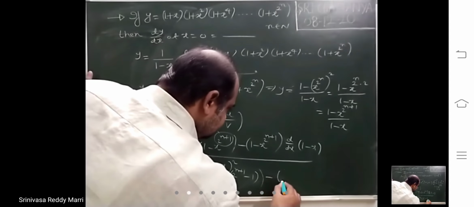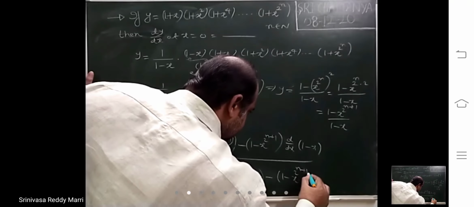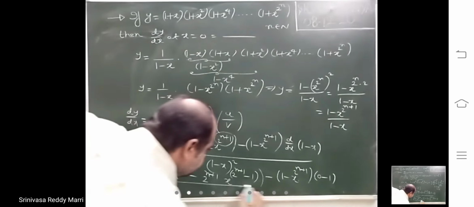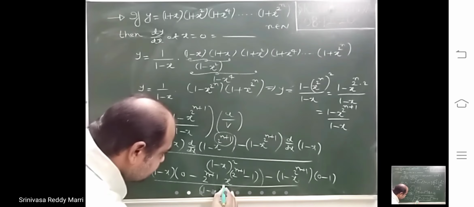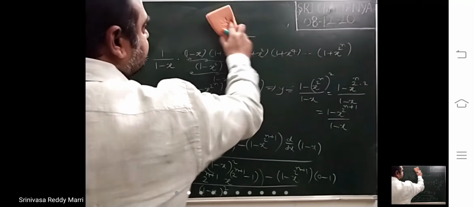Minus derivative of 1, which is 0, minus 1, divided by 1 minus x whole square. Now this is the final dy by dx.